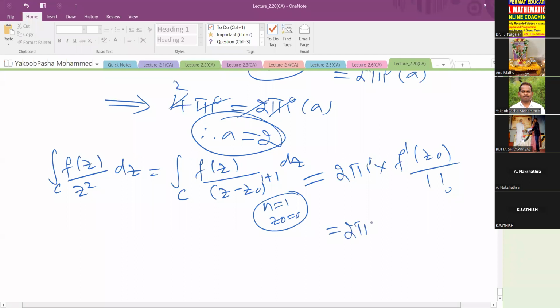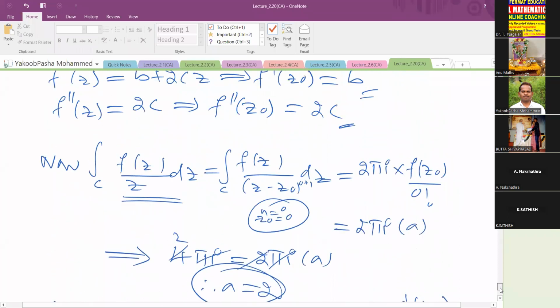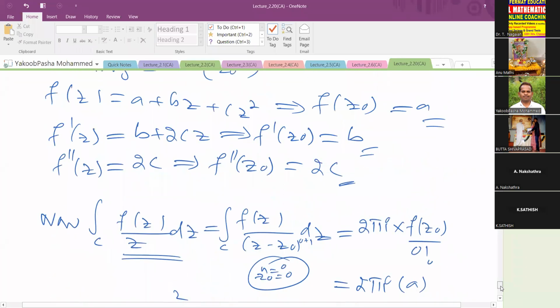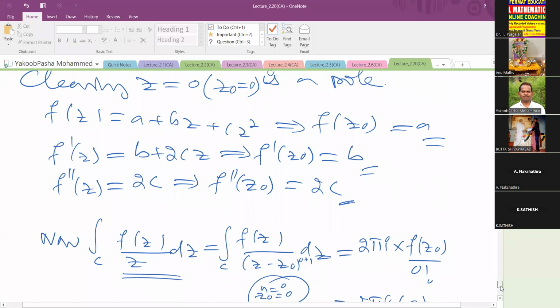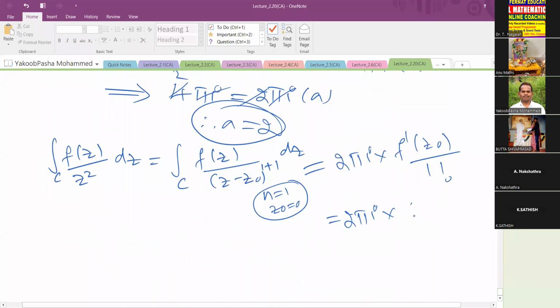This is equal to 2 pi I into f dash of Z naught, and f dash of Z naught is B. We are given the value of integral over C of f of Z by Z square into dz, that is 6 pi I. So 6 pi I is equal to 2 pi I B. Pi I will be cancelled, so B is equal to 3.